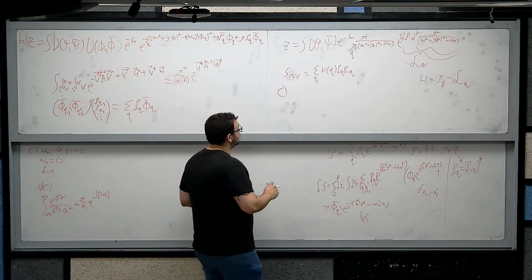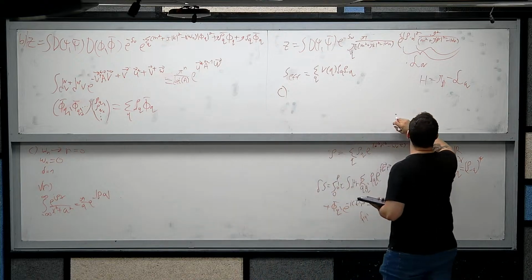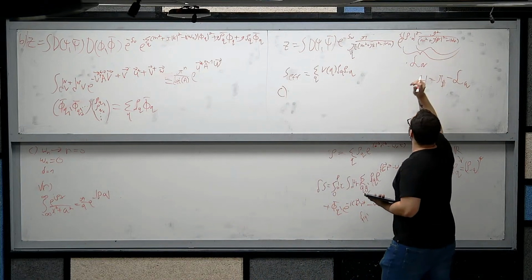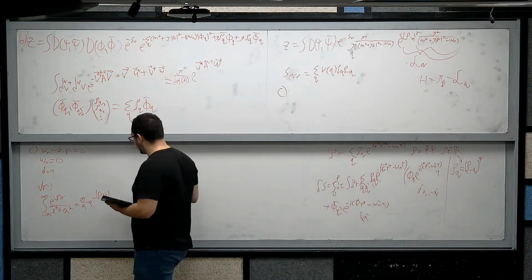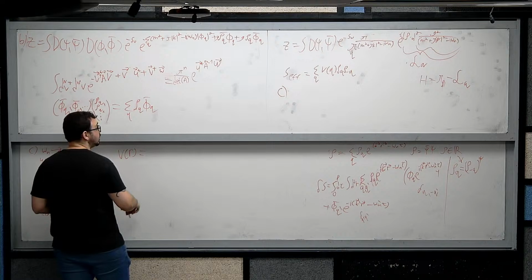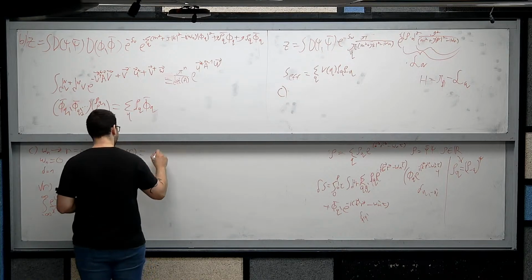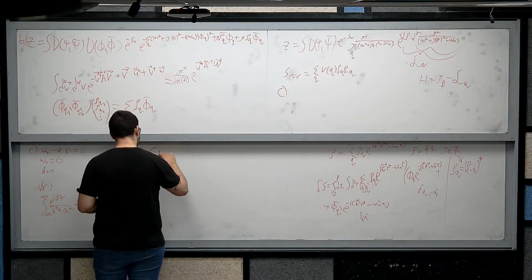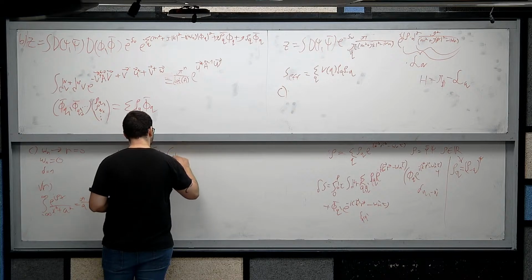So we'll take our VQ that we found here, this term. VR equals, now we're doing the reverse transform, so it will be an integration over dk.